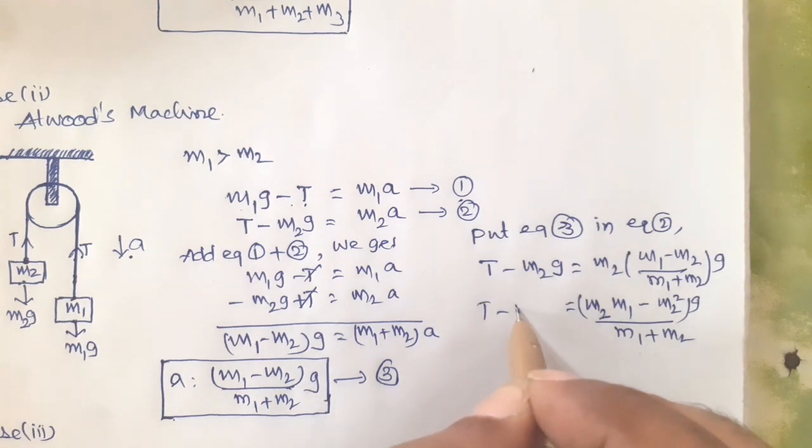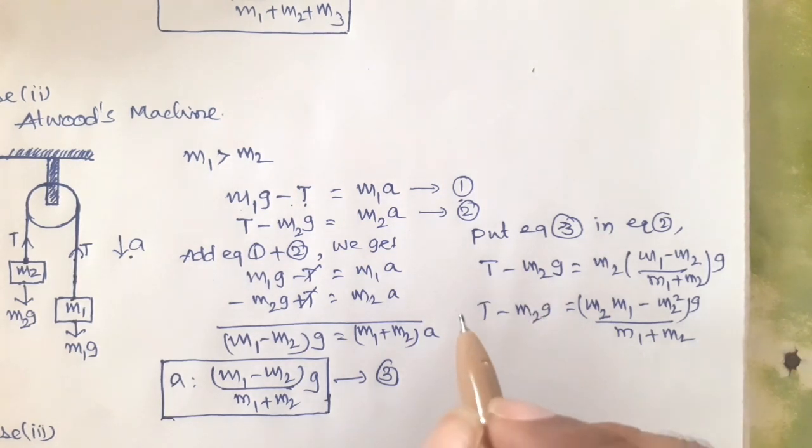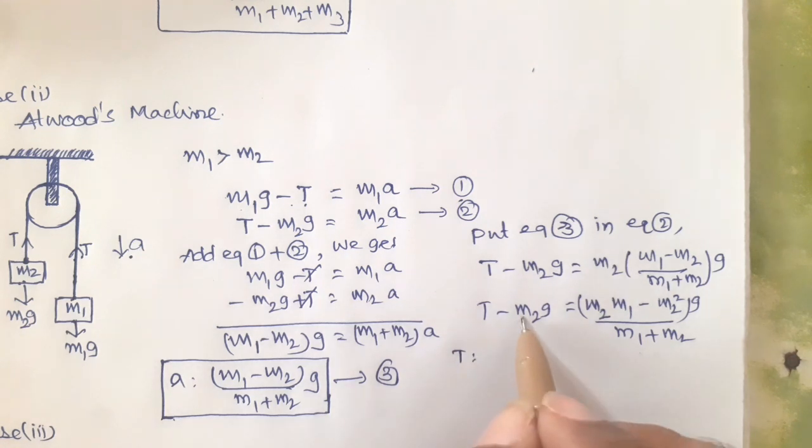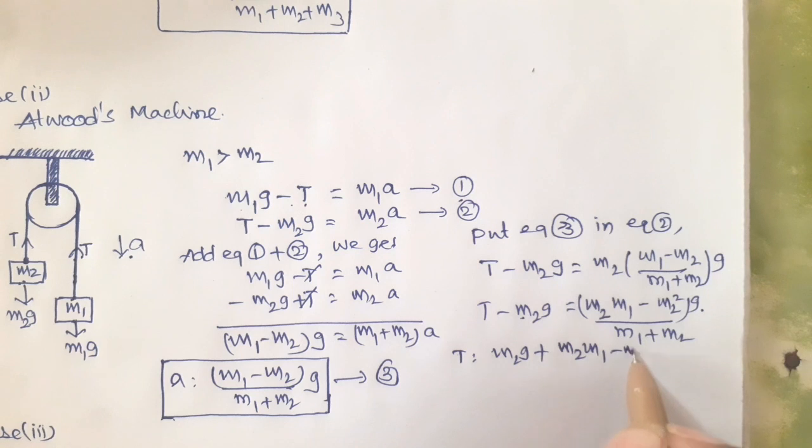This is T minus M2g. Then T is equal to, now move this onto this side, M2g plus M2 M1 minus M2 square into g whole by M1 plus M2.